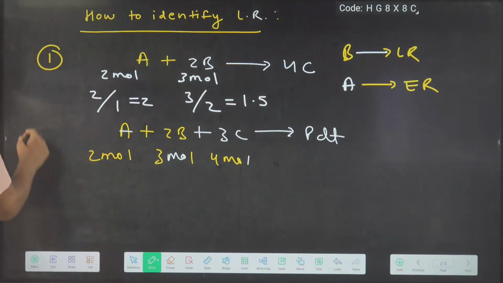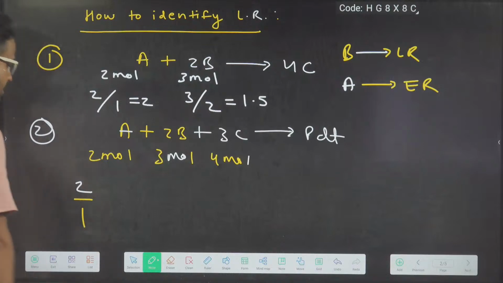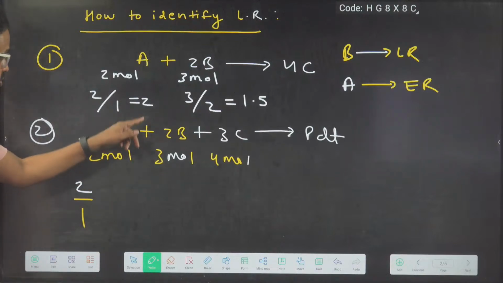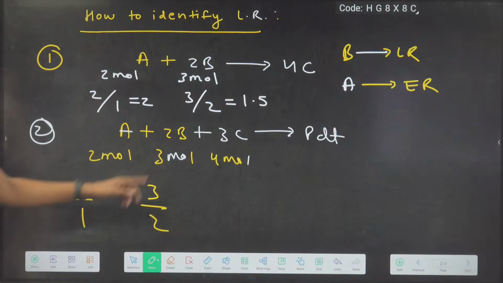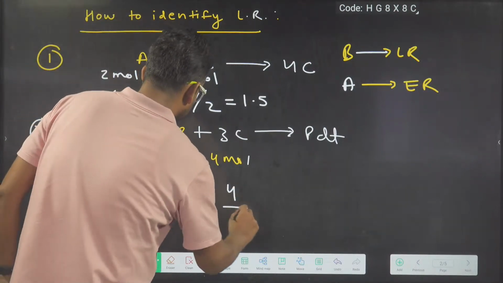Let's come to example number 2. Moles of A upon A, 2 by 1. Moles of B upon B, 3 by 2. Moles of C upon C, 4 by 3.